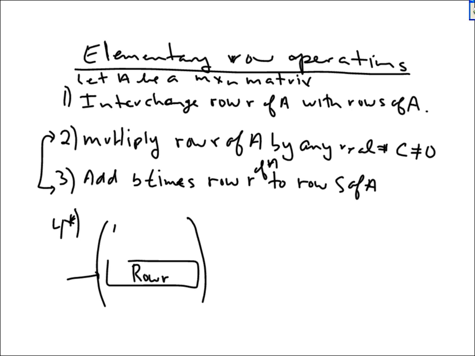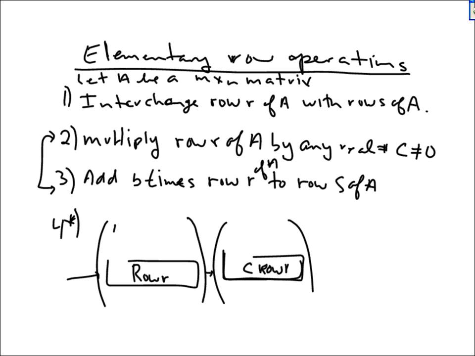You can multiply row R by any number. Say you multiplied it by C. So now you have C times row R. This is still row R. It's C times row R. Okay?